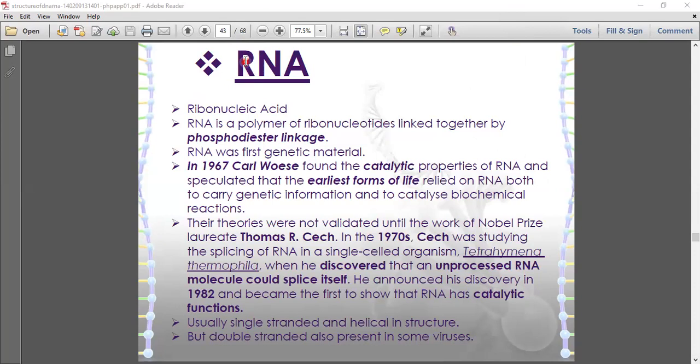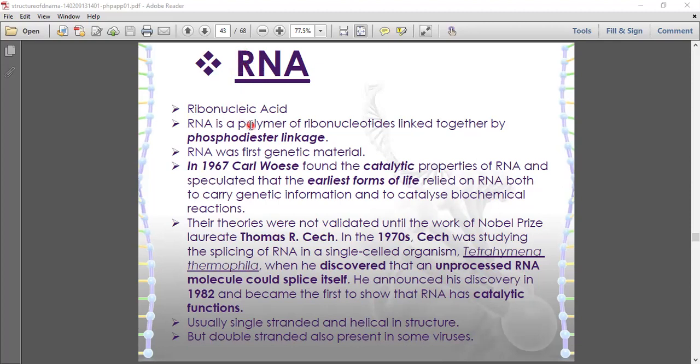While I was showing you the structure of nucleic acids, that is, the structure of the pentose sugars deoxyribose and ribose, I told you one oxygen is removed from ribose sugar to give you the deoxyribose molecule. So this deoxyribose molecule is present in DNA and in RNA it is ribose.